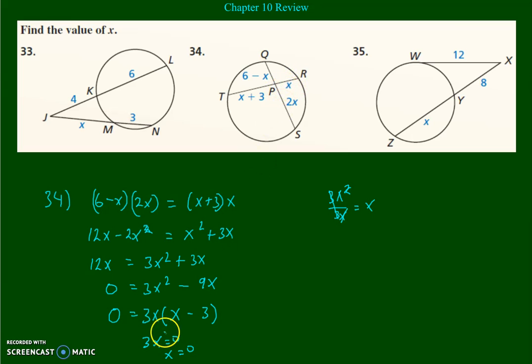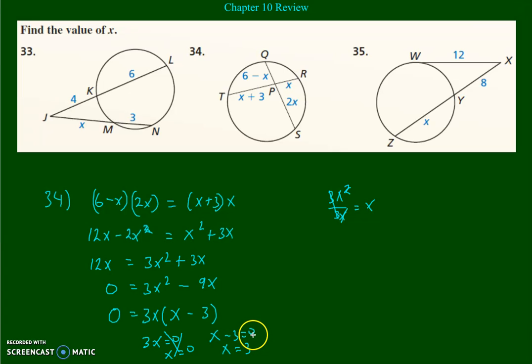So we can eliminate this one. Let's assume now it's this one. If x minus 3 equals 0, then x has to equal 3. And that works out fine. If we put a 3 in here, we get valid numbers for each one of these segment lengths. So our answer for 34 is x equals 3.